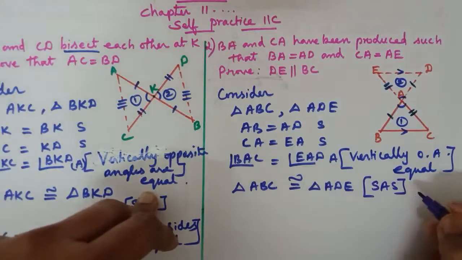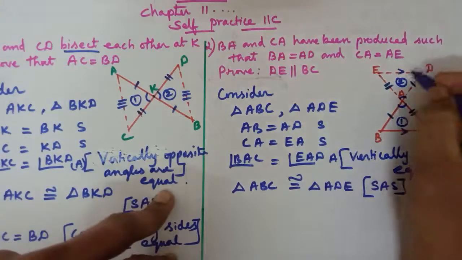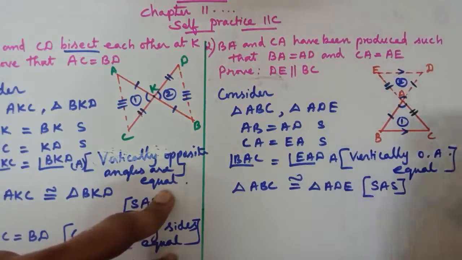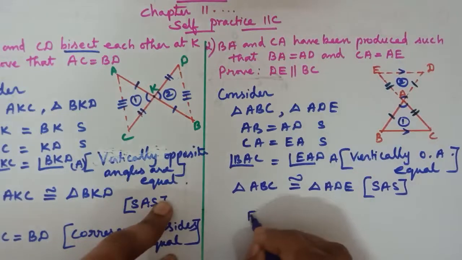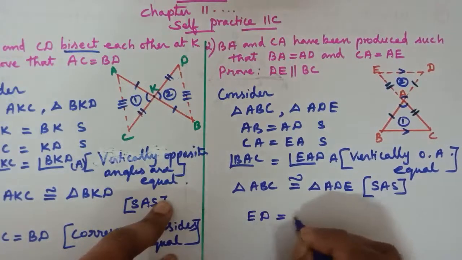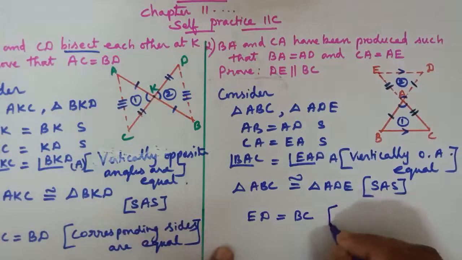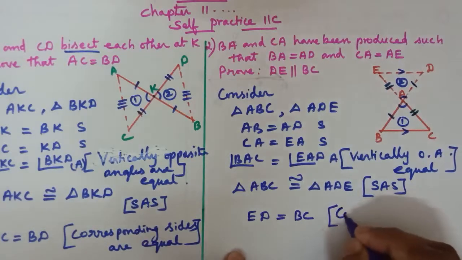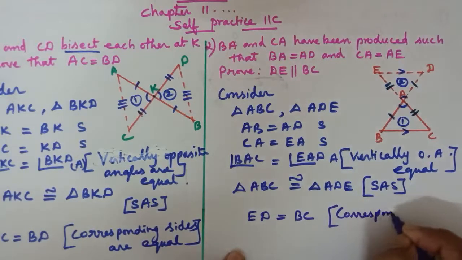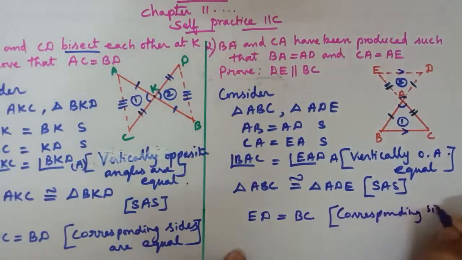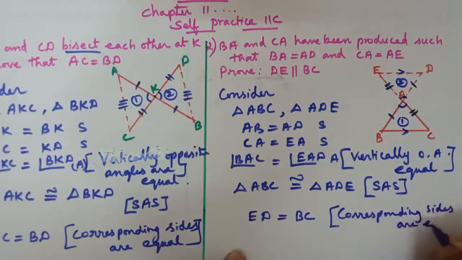Is it clear? So we can say ED is equal to BC. How? Corresponding sides are equal.